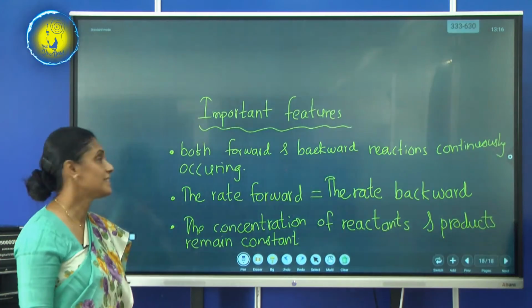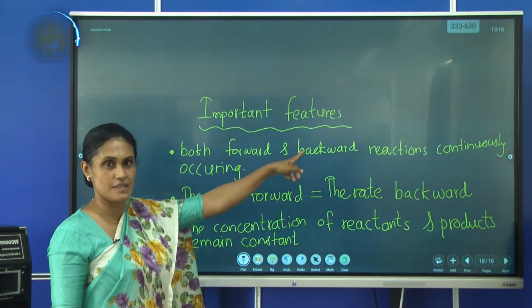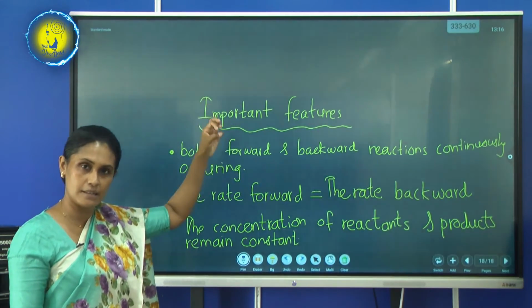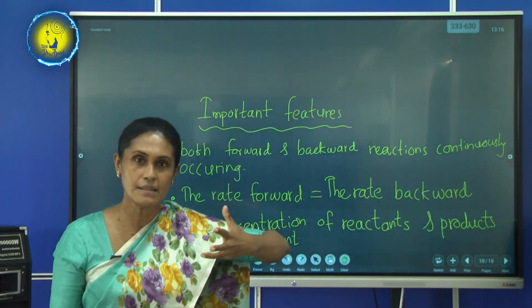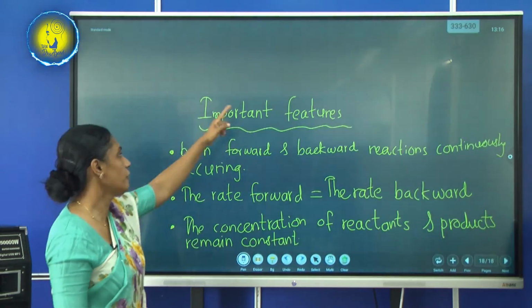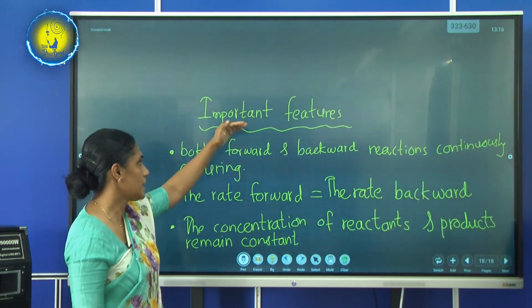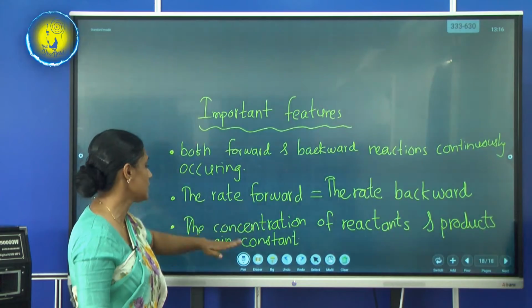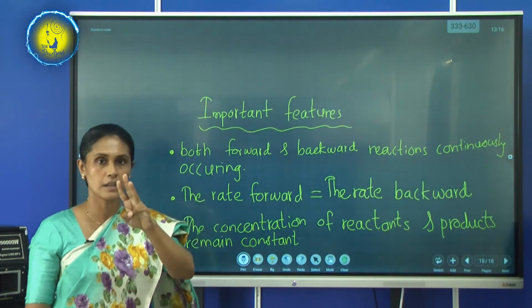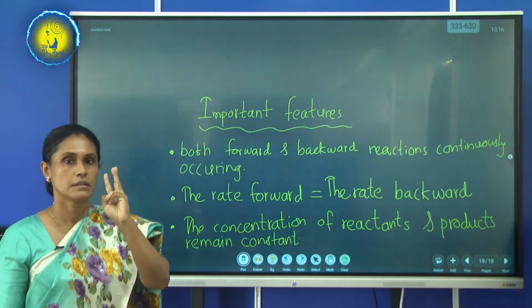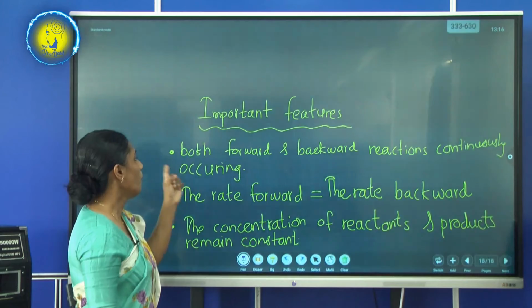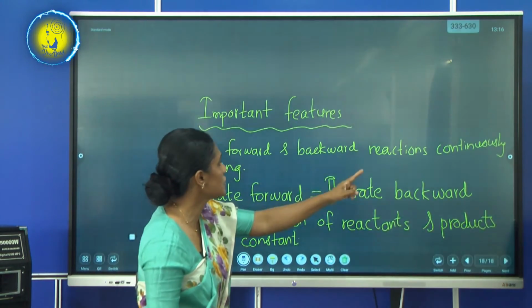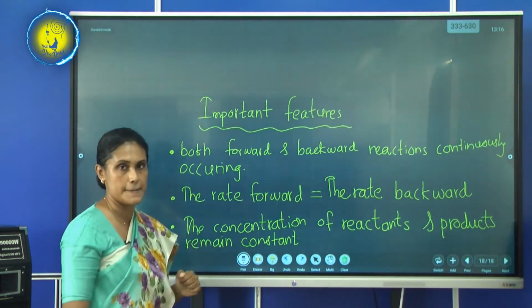Last point. Important features. What our lesson explains is the important features. I have broken down the important features into 3 steps. Number 1, both forward and backward reactions are continuously occurring.